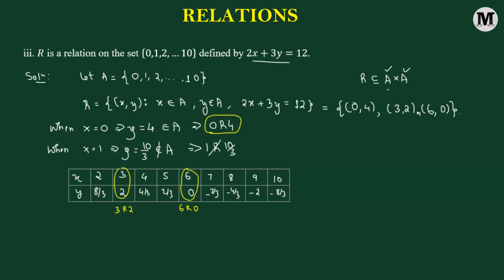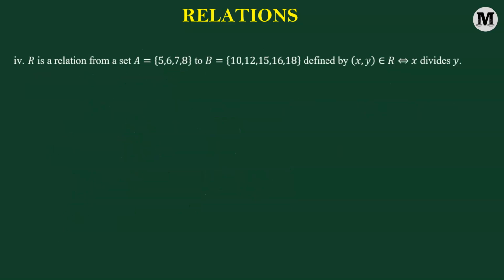Okay, let's go to the fourth one. Number 4, we have R, which is a relation going from the set A to the set B, and is defined as the ordered pair (x, y) belonging to the relation R if and only if x divides y. R is a relation from the set A to B simply means that R is a subset of the Cartesian product of A and B. So let's note down the sets.